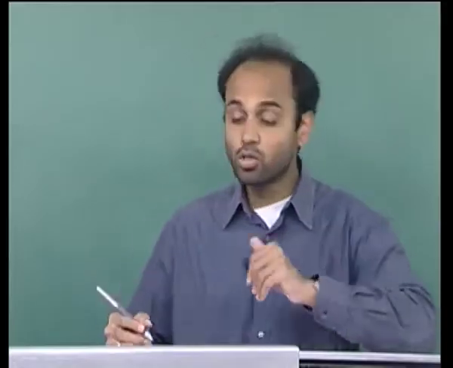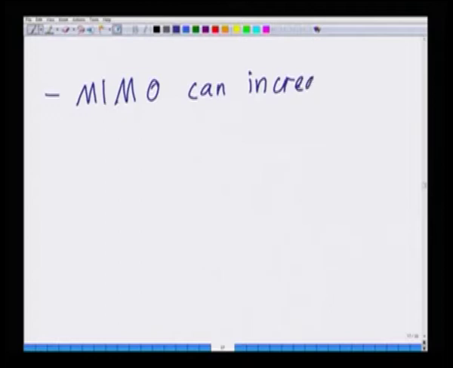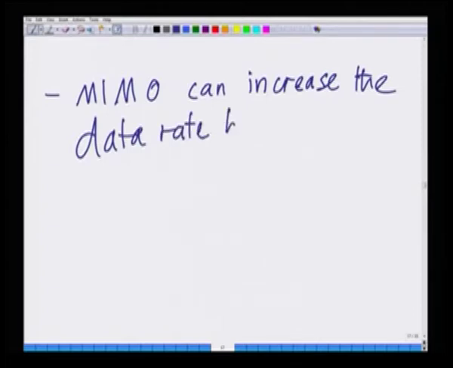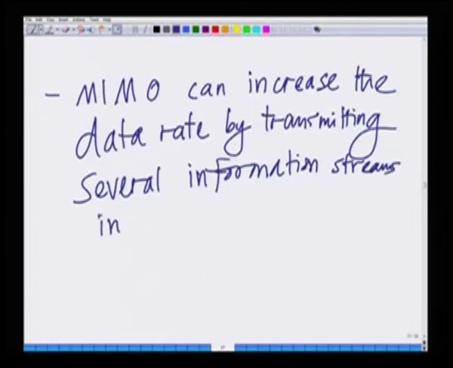Another advantage: MIMO can increase the data rate by transmitting several information streams in parallel.